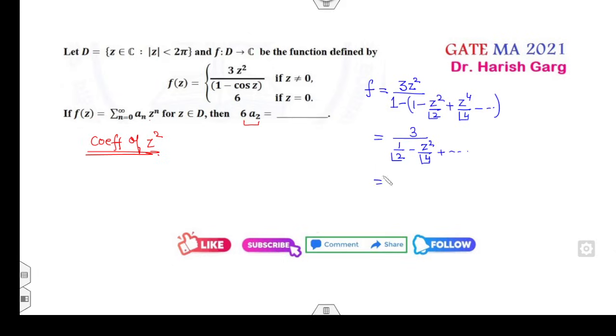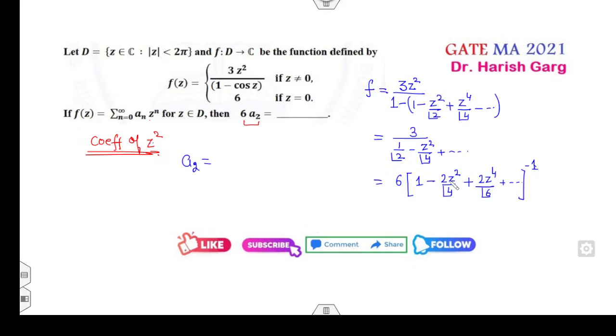I can take the 2 factorial common. So it's a 6. Rest I can take in the numerator. So it's 2 z square over 4 factorial. Next क्या बनेगी आपके पास? 2 z raised to power 4 divided by 6 factorial, raised to power minus 1. So I need the coefficient of z square.